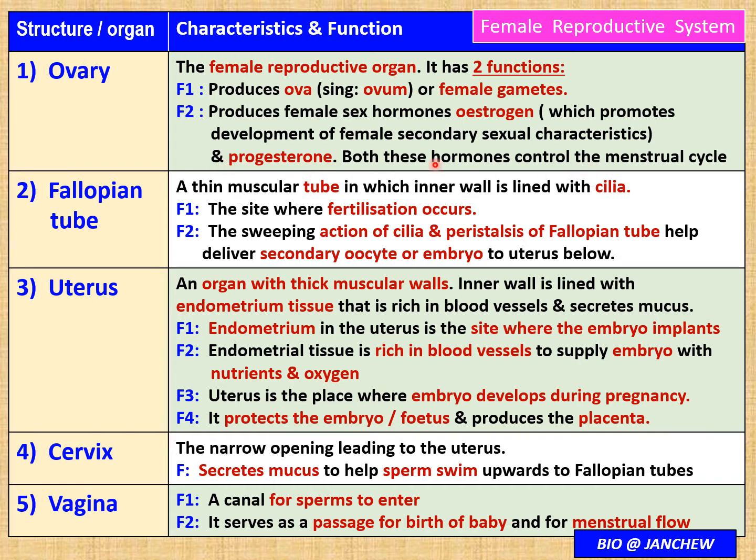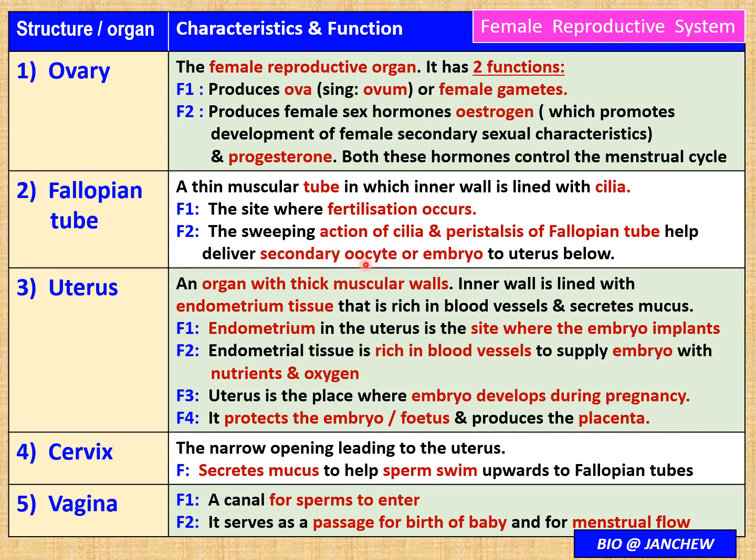Now, the fallopian tube is a thin muscular tube in which the inner wall is lined with cilia, which are tiny hair-like projections. The fallopian tube is the site where fertilization occurs. Then after that, the sweeping action of the cilia and the peristalsis of the fallopian tube, where muscular contractions occur, help to deliver the secondary oocyte or the embryo to the uterus below.